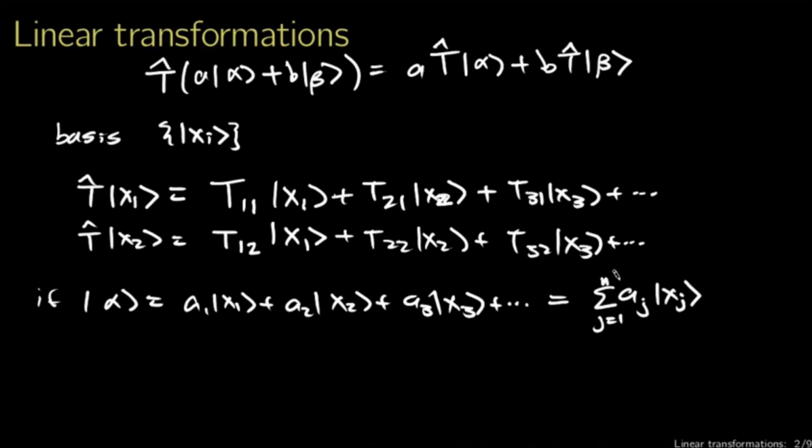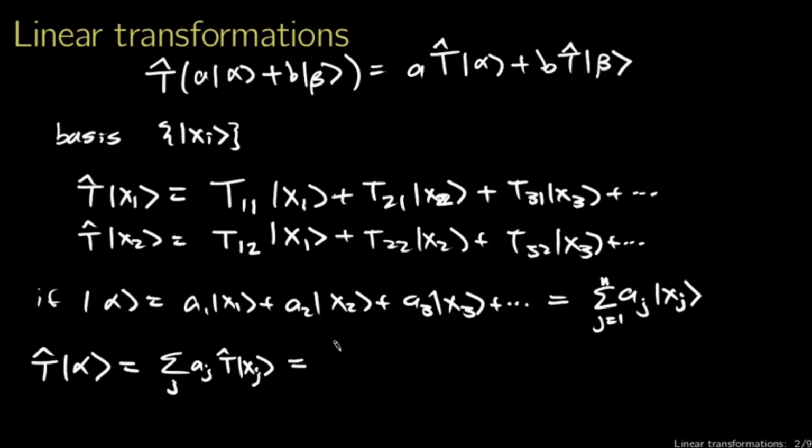And you can find these components, a sub j, the way we described in the last lecture. If I apply this transformation t hat to this vector alpha, I'm going to get a sum of sums. Essentially, the first thing that I'll get is this sum over j of aj, and then the transformation t hat applied to x sub j. But I know what the transformation t hat applied to x sub j looks like. It's going to look something like this.